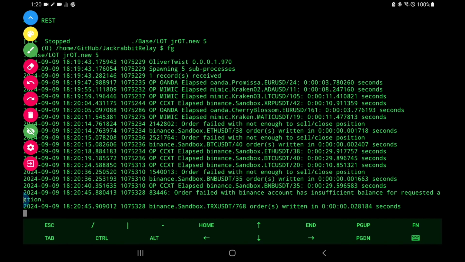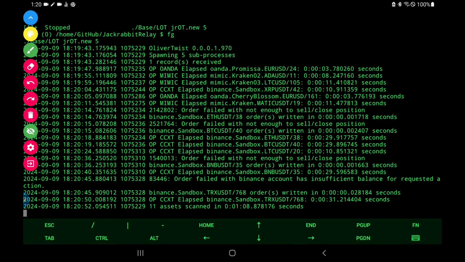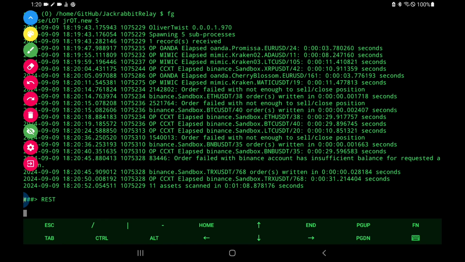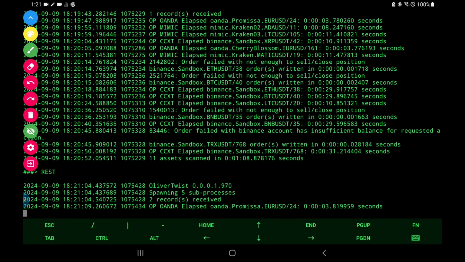And in the case of TRX having 768 orders, 20 milliseconds, or even 1,000 milliseconds, or 200 milliseconds, depending upon what you are allowed with your own account, is going to devastate you in terms of actual trading.